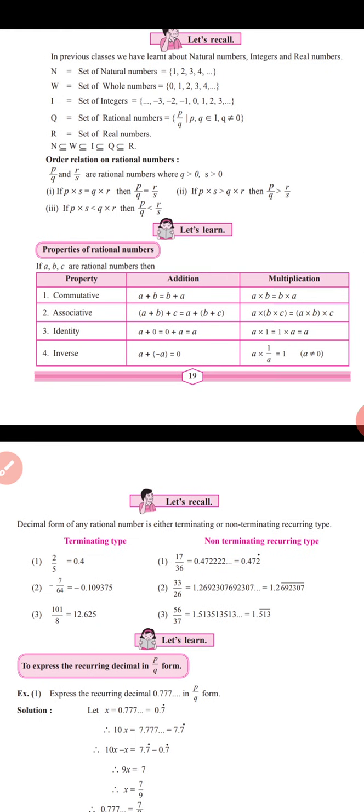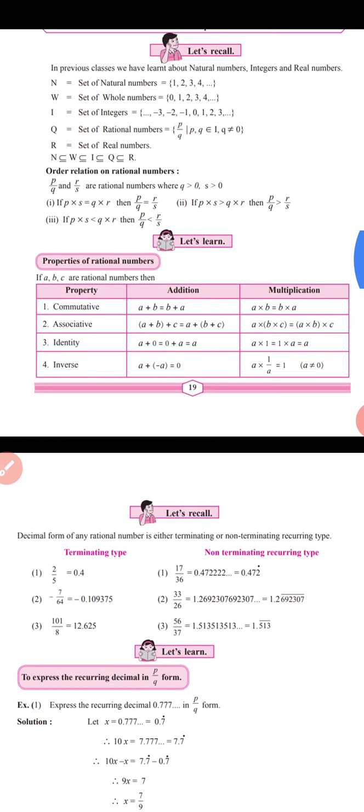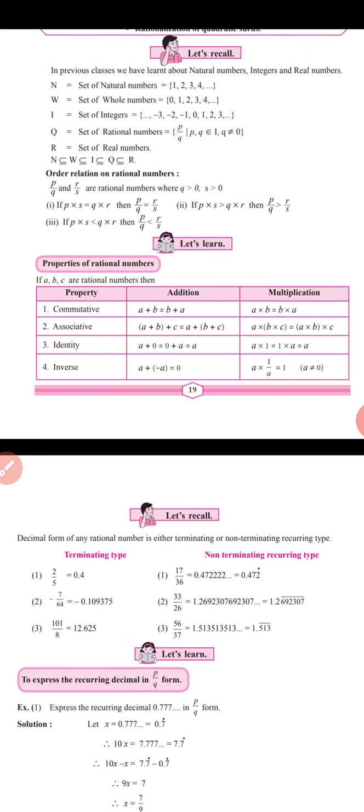Now we have to learn about properties of rational numbers. So what are the properties of rational numbers? If a, b, c are rational numbers, then the first property is commutative. In addition, a plus b is equal to b plus a, means if there are two rational numbers, then the first number added to the second is also equal to the second number added to the first.